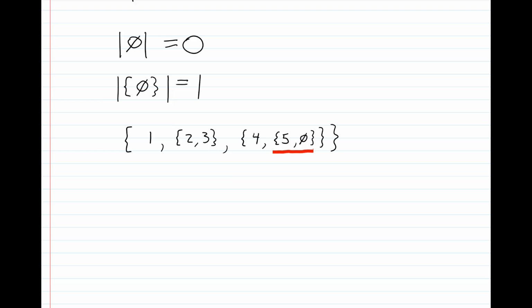Now, here's a bigger set. What's the cardinality of that? Careful. Don't be too quick to answer. Look at it carefully. You know how many things I see in there? I see a 4, that's one thing. And I also see this set.